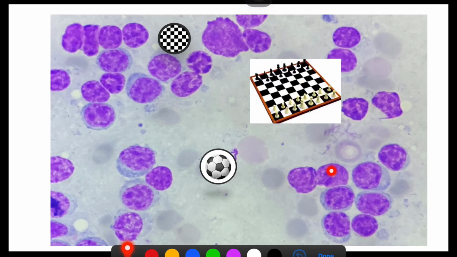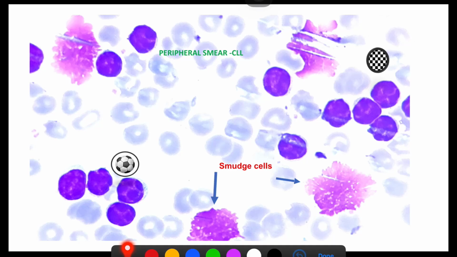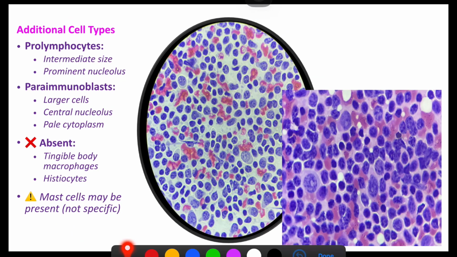Here you can identify the dark area, and in between you can identify the light area. So, this is the classic soccer ball pattern of nuclear chromatin, and these are the smudge cells. They are the cytoplasm of crushed cells in the peripheral smear in a case of CLL.